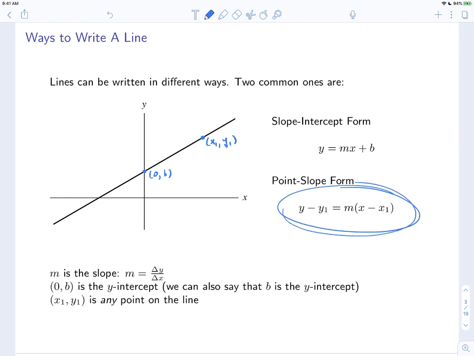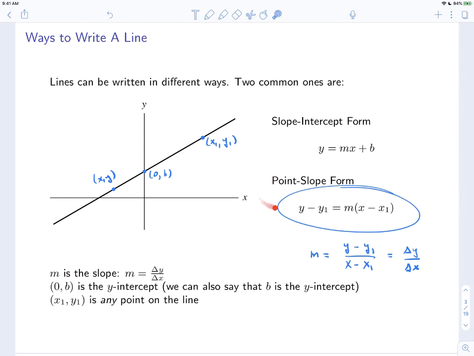Notice that in point-slope form, if you solve for m, then you get that m is equal to y minus y1 divided by x minus x1. So for any point (x1, y1) on the line, and any other pair (x, y), which is another point on the line, you have that m is the difference of the y's over the difference of the x's.